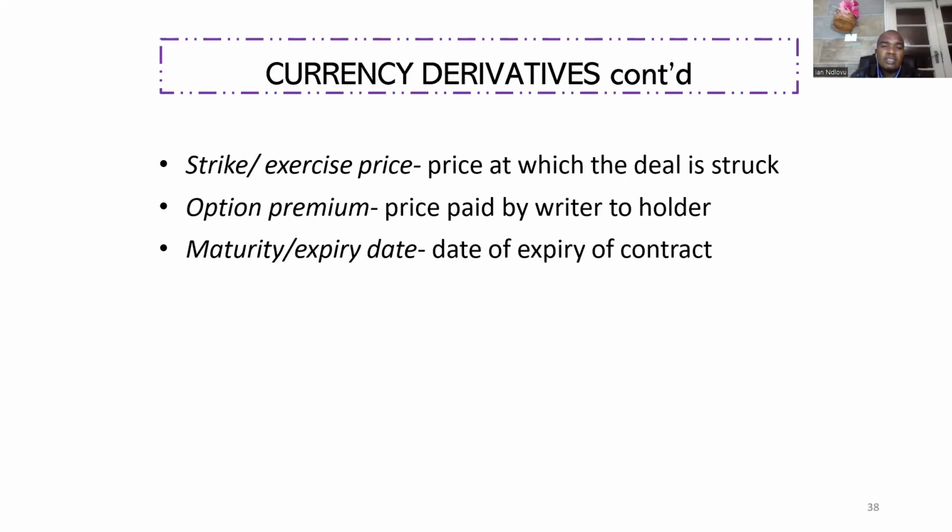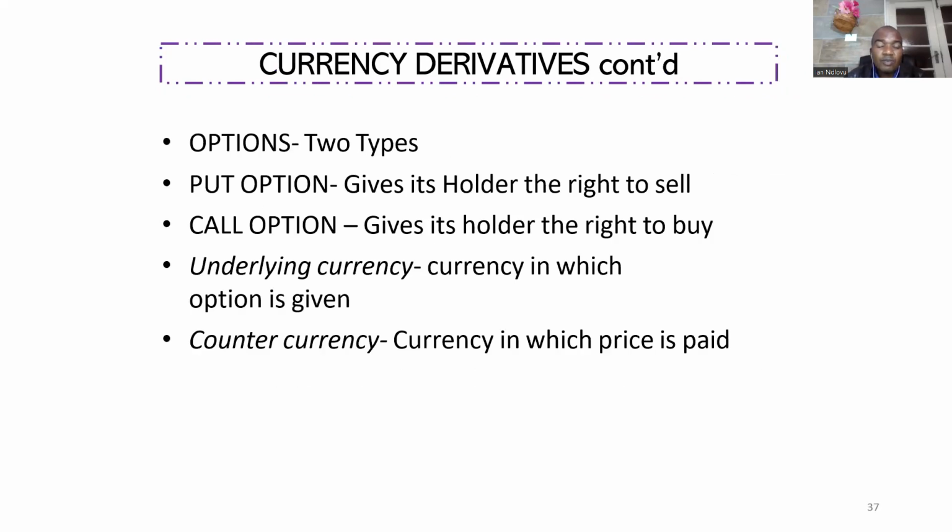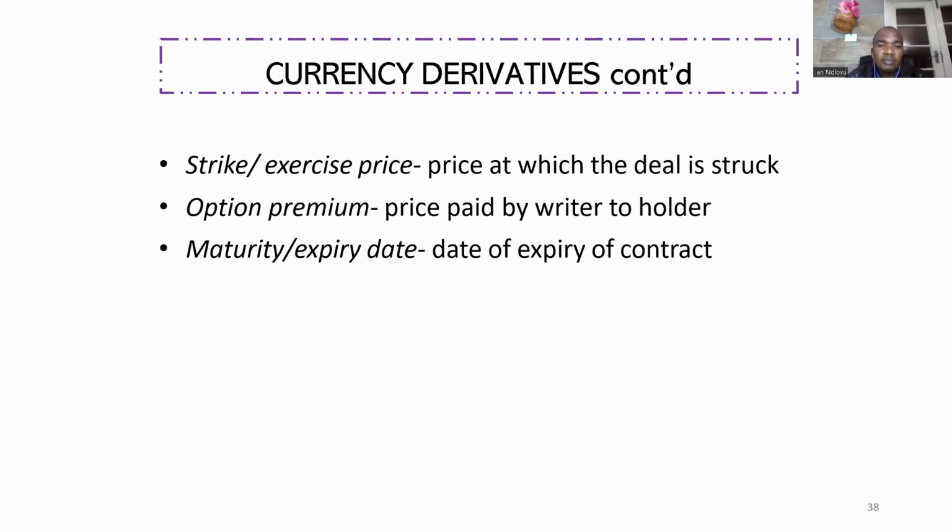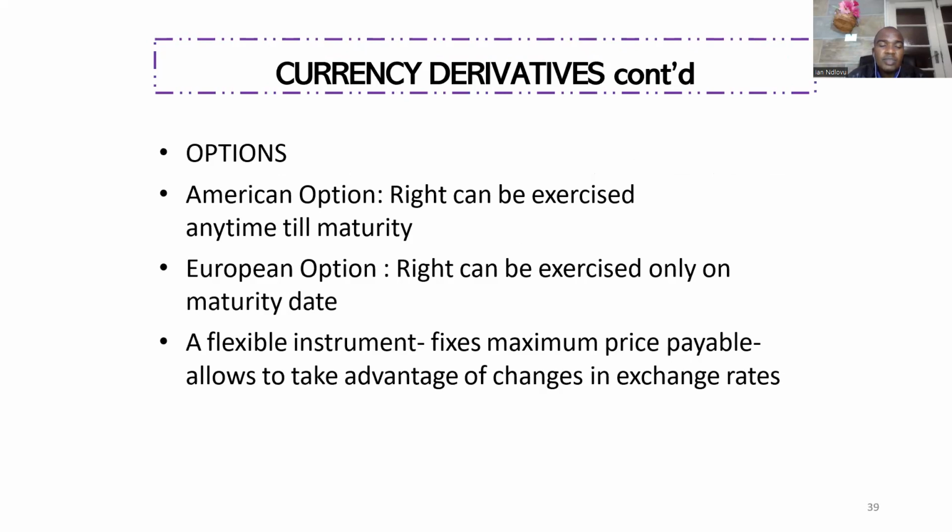If the contract expires without being exercised, then the option lapses. It will no longer be of any effect to anyone. It means its use no longer exists.